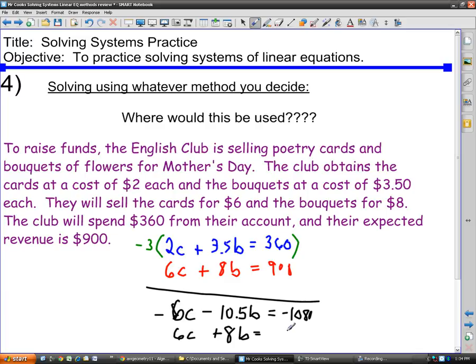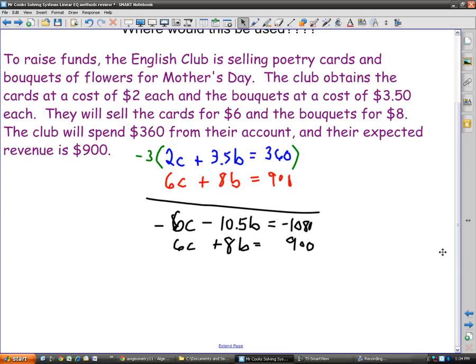And so now, if I go ahead and add straight down, you'll notice that the c's go away. Great. That's what elimination is all about. We want to get rid of them. Here we get a negative. It looks like -2.5b will equal -180.